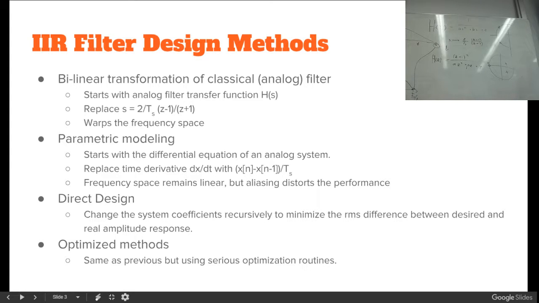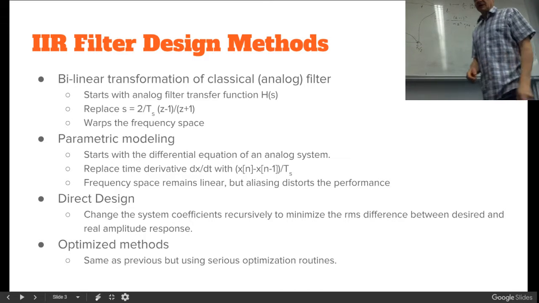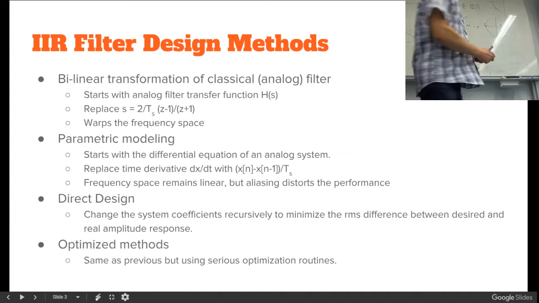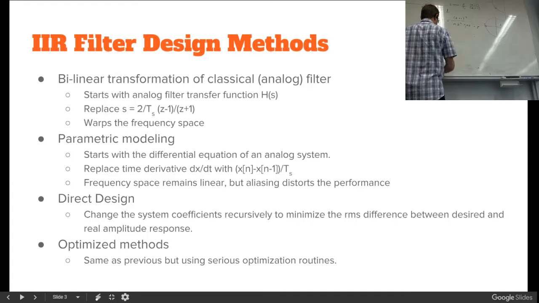Okay, direct design. We will have some fun with the direct design today. So basically, this is when you automate this one, you get these optimized methods. So basically, it starts from the fact that we have a, I might actually have some pictures in here. Yeah, okay, that's one. Well, but anyways, we have the zero pole plot there.